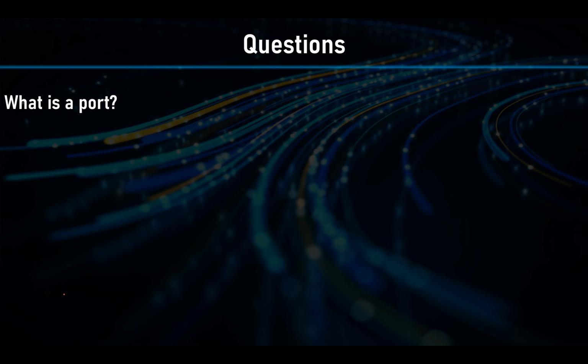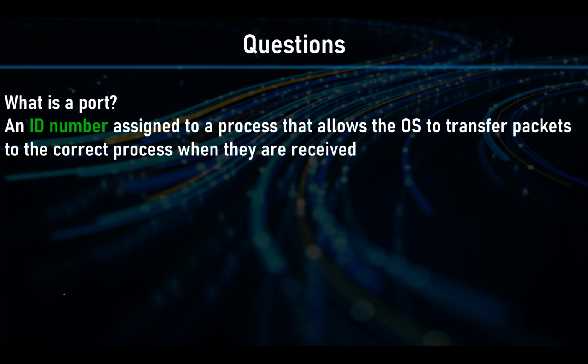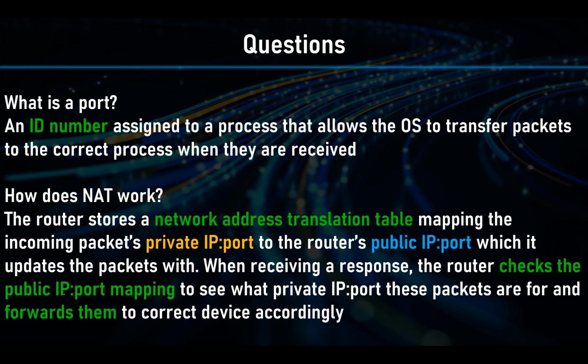Alright, so it seems that animation is messed up there. So I think the question was, well, how does NAT work? How does network address translation work? So, let's just have a look at the answer again. Quite long. So the router stores a network address translation table, or network address translation forwarding table, mapping the incoming packet's private IP and port to the router's public IP and port number, which it then updates the packets with.